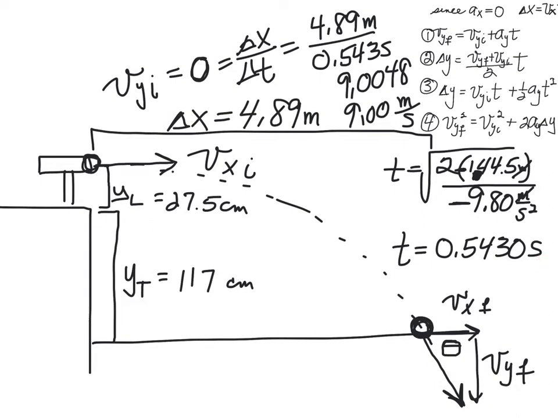So now we can do 6 and 7. And looking ahead, we need to get the speed at which it hits the ground. So that's the magnitude of this vector. And we need the angle. So to get the angle, remember that, I hope, inverse tan of the y component over the x component.